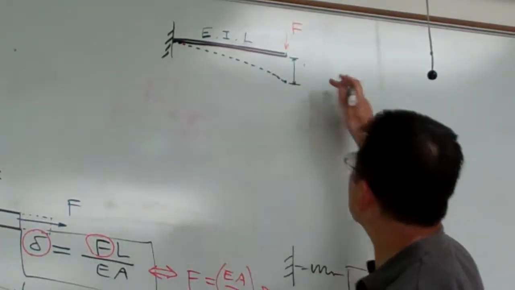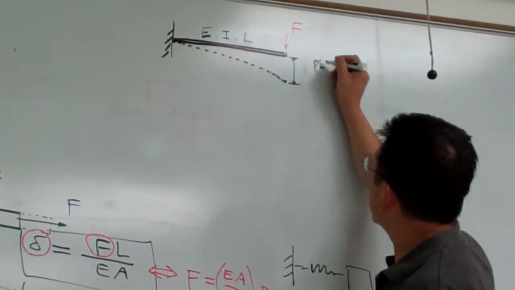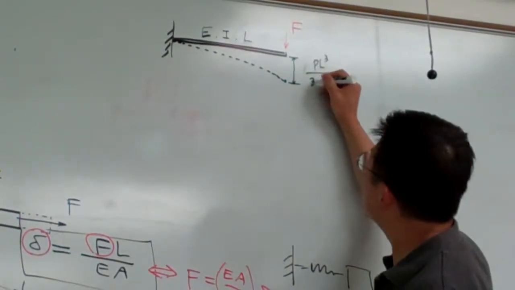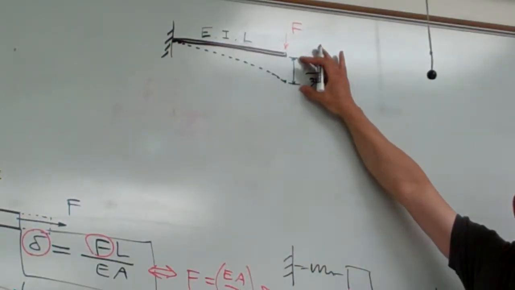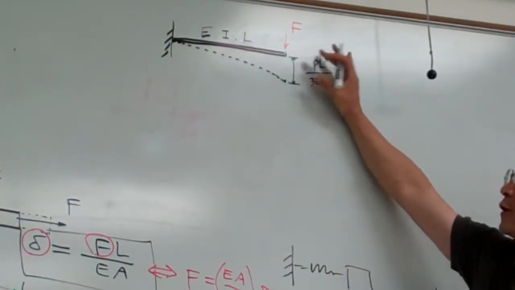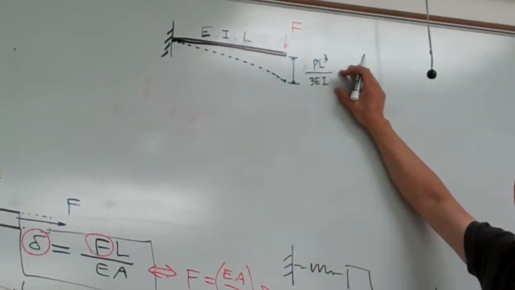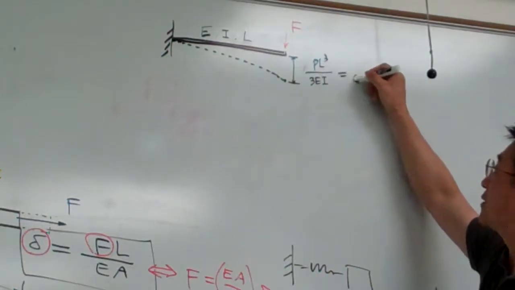This distance is PL cubed over 3EI. Okay, the deflection here, we have learned how to calculate it. So let me define this as delta.